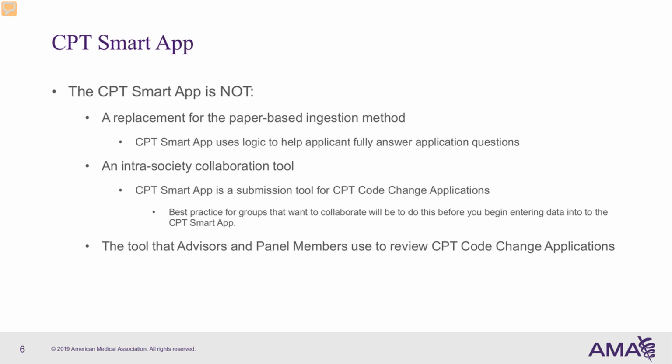So while you can add as many preparers or applicants as you want in the application, and they can get in and help revise and review information, we don't redline between applicants. So this is really a submission tool. It is not a collaboration tool. But I will show you some tips and tricks on how to collaborate within your group on that.